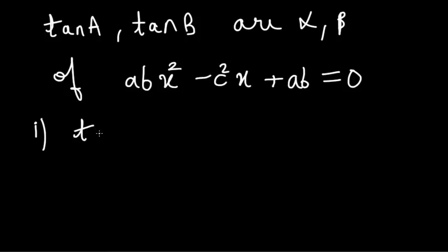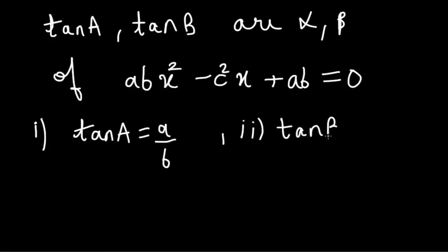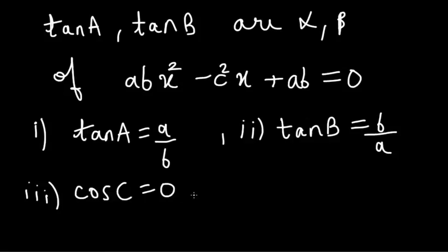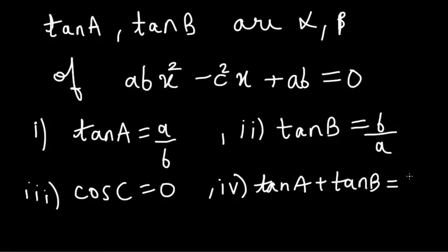First, we need to prove that tangent of A is equal to A upon B. The second thing we need to prove is tangent of B is equal to B upon A, and the third part is the cosine of angle C is equal to 0, and the fourth part is tangent of A plus tangent of B is equal to c square upon AB.